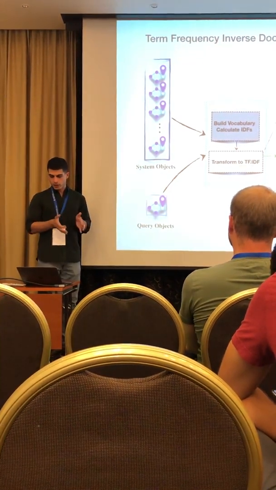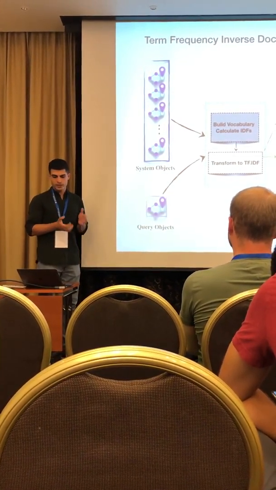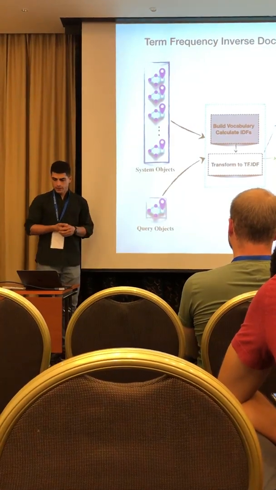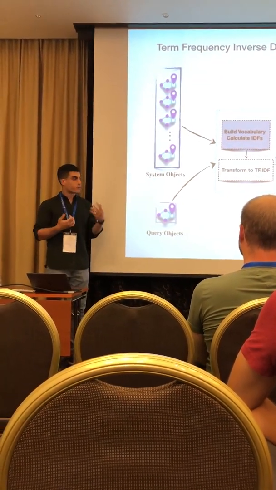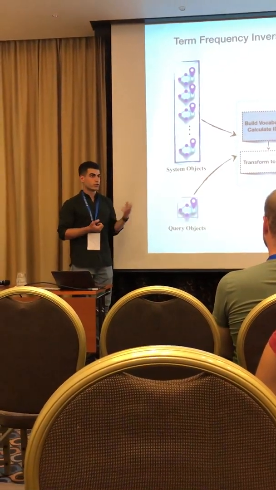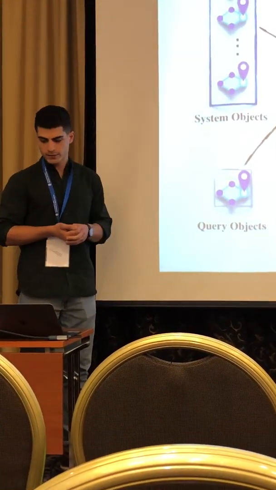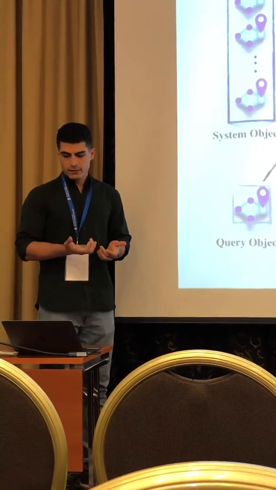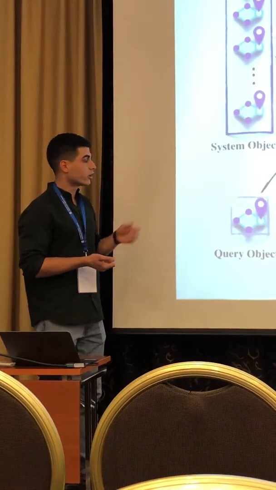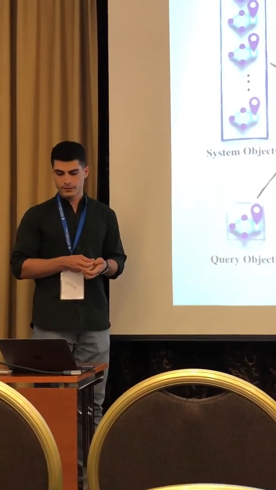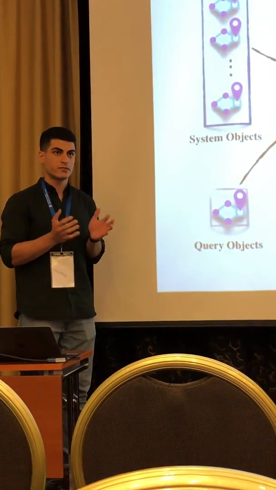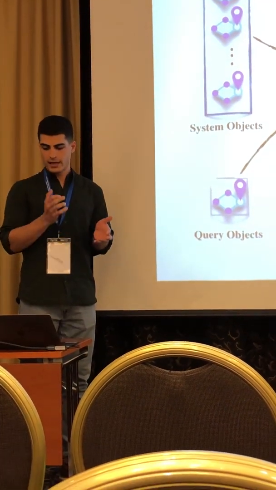In our context, documents are textual features of objects. First, a vocabulary is built using all the unique words in all documents. And then a vector is generated for each document using the TF-IDF weights of the vocabulary terms that appear in that document.